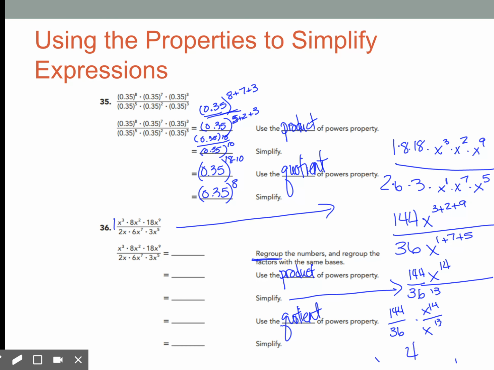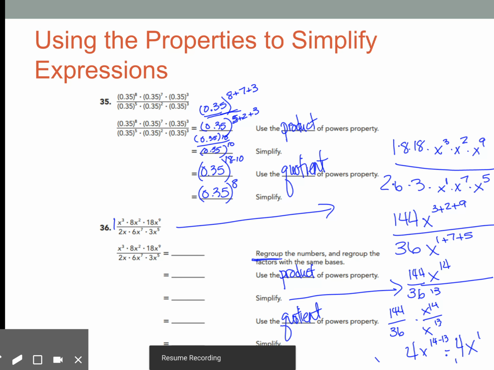It breaks down to a whole number. x to the 14th divided by x to the 13th becomes x to the 14th minus 13th. Okay, and we're simplifying with the quotient of powers rule, and we get 4x. If you want to add that 1, because 14 minus 13 is 1, that is completely up to you.